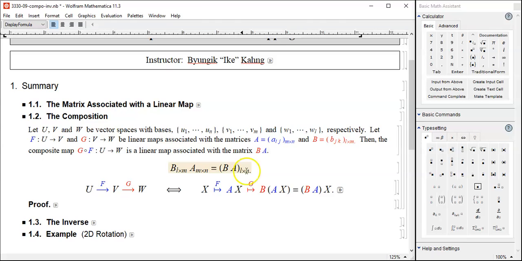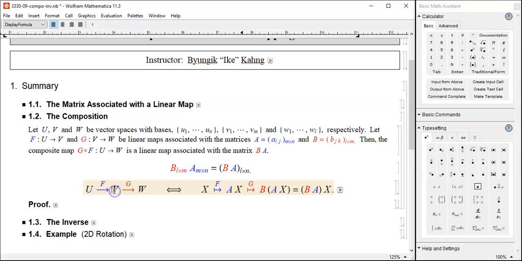So yes, indeed, it is well defined. Everything looks fine. This is red, and that's blue, isn't it? Associated to blue map F and red map G, respectively. So in terms of matrix multiplication, it is well defined. In terms of input-output, it works fine too.